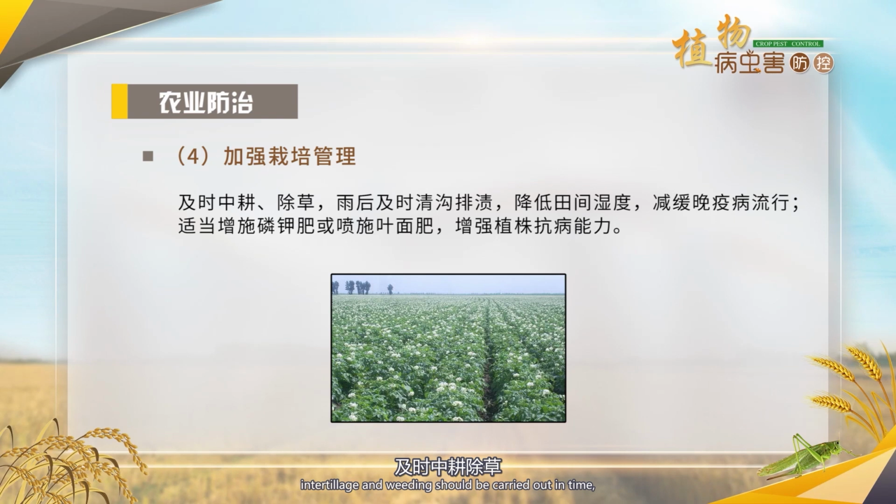Intertillage and weeding should be carried out in time. Ditch cleaning and discharge should be carried out in time after rain to reduce field humidity and slow down the epidemic of late blight. Phosphate and potassium fertilizer should be applied appropriately, or foliar fertilizer should be sprayed to improve the disease resistance of crops.